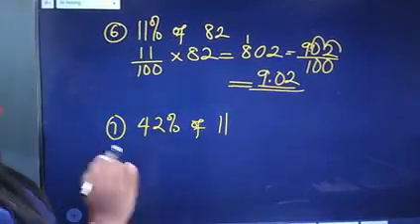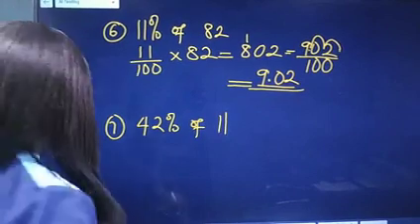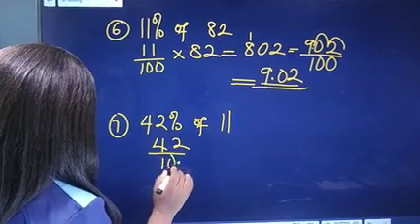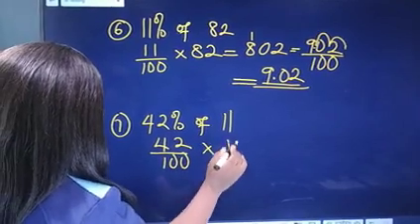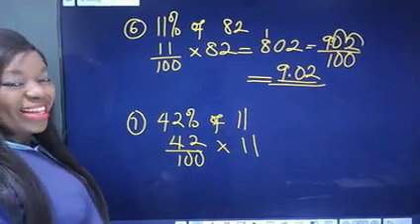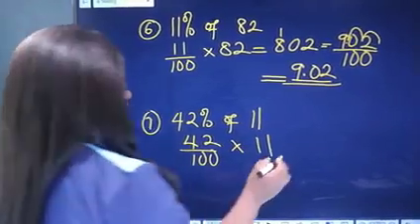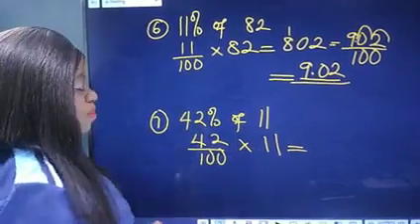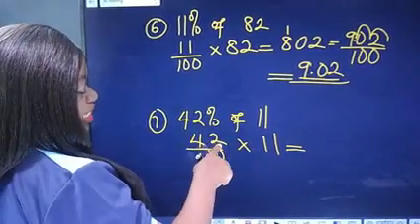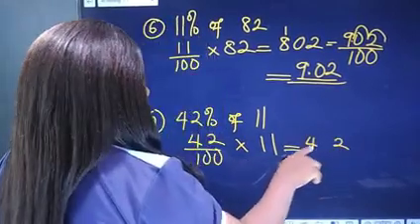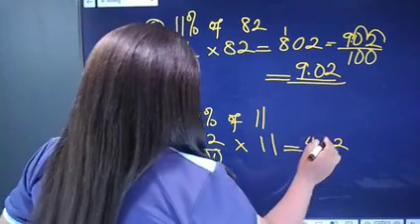Now the next one is 42% of 11. That is 42 over 100 times 11. So now we will also multiply the numerator and divide by 100. Don't forget, watch the video on multiplication by 11. Write down the first and the second digits, leaving a space in between and adding them up together. 4 plus 2 is 6.